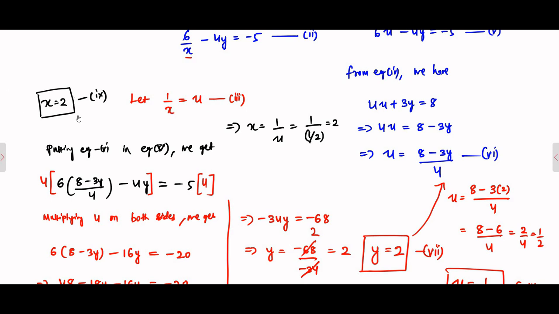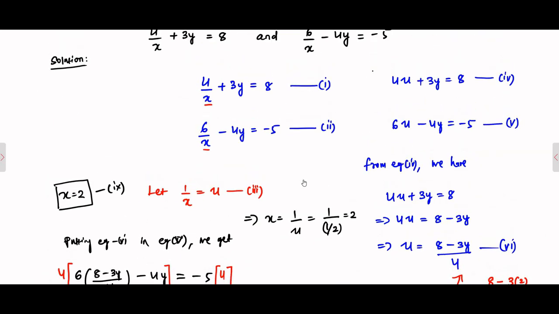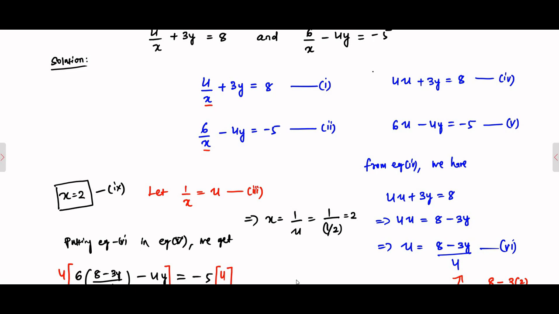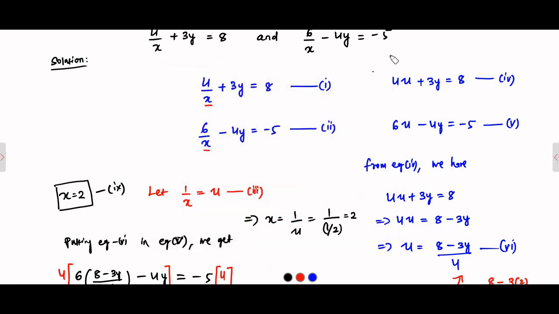So we got x is equal to 2, y is equal to 2. The solution of these two linear equations in two variables is x is equal to 2, y is equal to 2. Okay, so this is the thing.